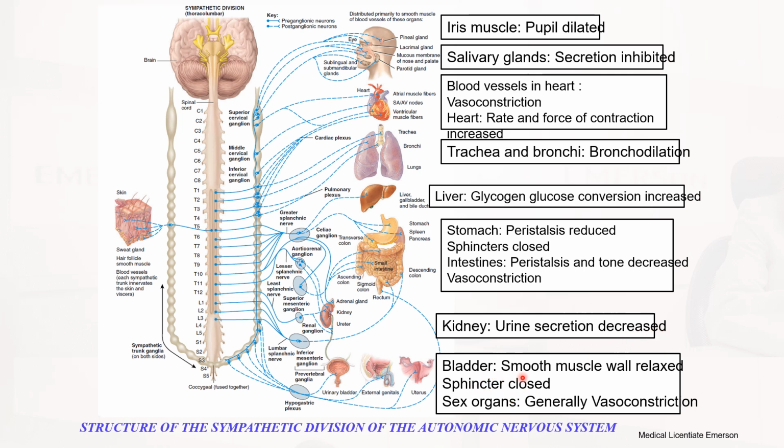Then from the bladder, the smooth muscle wall is relaxed and the sphincters are closed. Then the sex organs, generally all of them, there is vasoconstriction. So this is what happens during the sympathetic nervous system division when someone is in sympathetic mode.